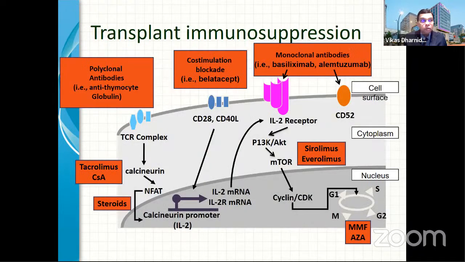So in transplant immunosuppression, we have so many choices, starting with our induction antibodies, which can be either polyclonal, such as the anti-thymocyte globulins shown over here, or the monoclonals, such as basiliximab or alemtuzumab. And then on top of that, we can add oral maintenance immunosuppression, such as tacrolimus or cyclosporin among the calcineurin inhibitors, and then the DNA synthesis inhibitors, which could be any of the mycophenolates or azathioprine.